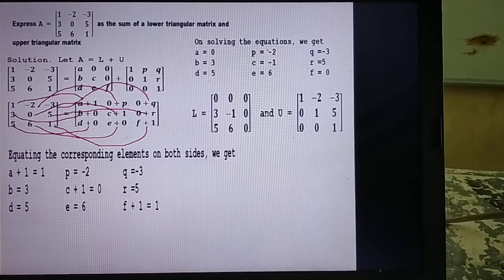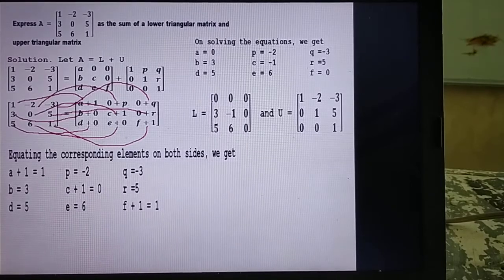Then replace our variables with their respective result values. The lower matrix now has the values of 0, 0, and 0, and 4, B, this is 3, and C is -1, then 0, letter D is 5, and letter E is 6, then F is 0.